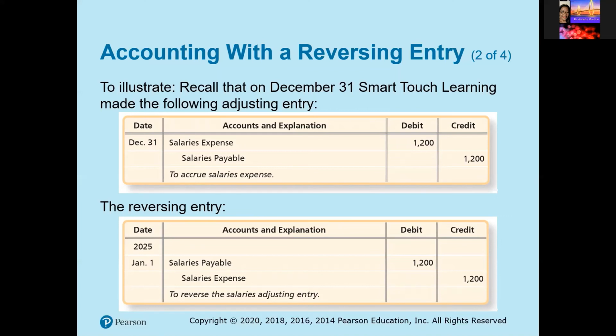It is the exact opposite of the adjusting entry. Ordinarily, the accountant who makes the adjusting entries will also prepare reversing entries at the same time. Smart Touch Learning dates the reversing entry as of January 1st so that it affects only the new period.